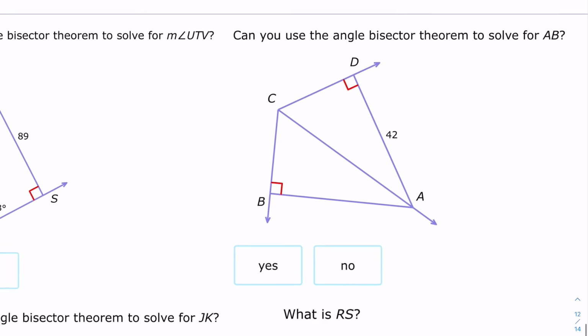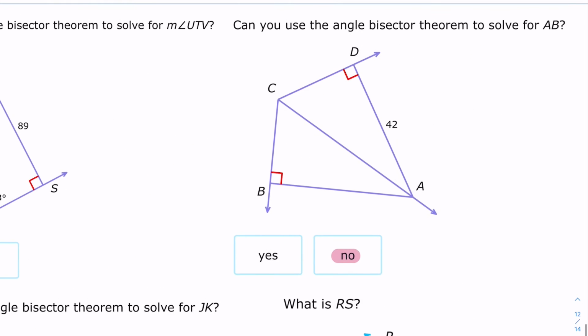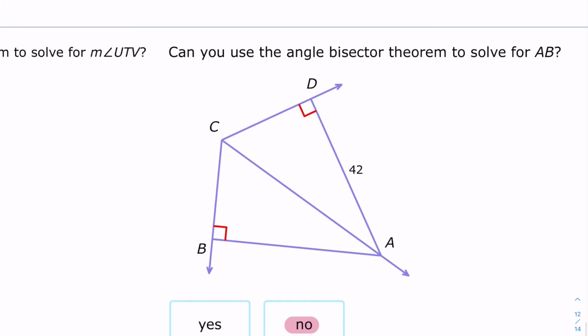Now, can you use the angle bisector theorem to solve for AB? Let's take a look. The answer here is no, because I'm missing a critical piece of information. To solve for AB, I need to know one of these angles. So I need to know this angle or this angle. Well, I need both of them.